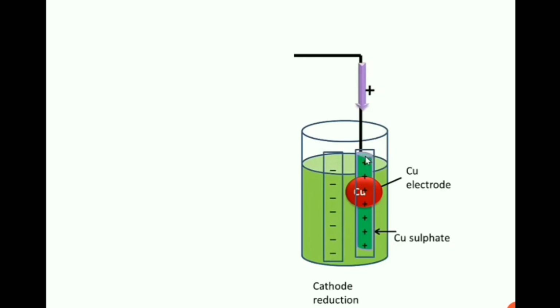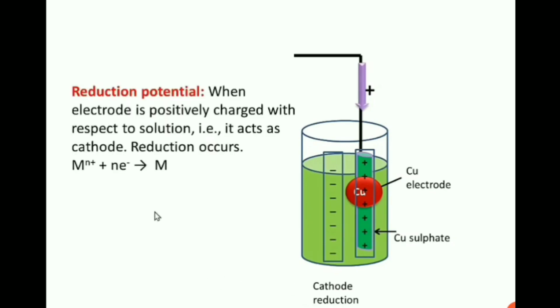Thus, a charge separation is produced at the electrode-electrolyte interface. This creates a potential in this half cell. This potential is known as reduction potential because a reduction reaction takes place in this half cell.